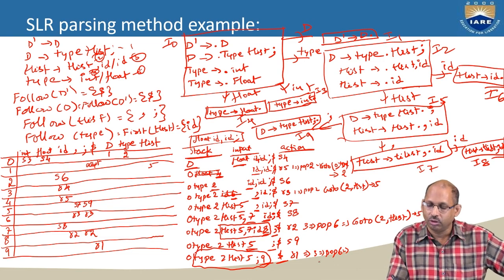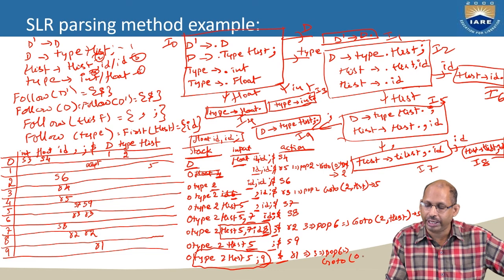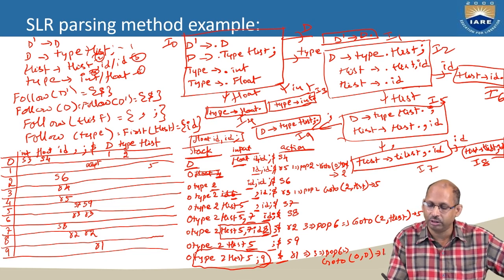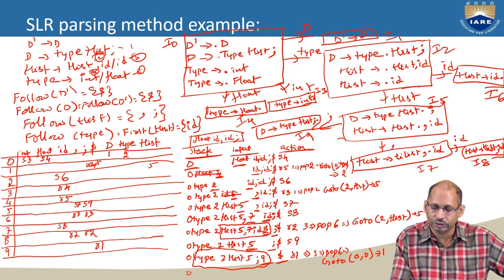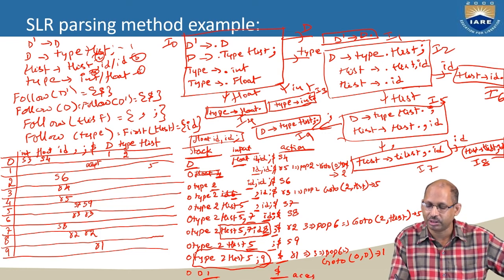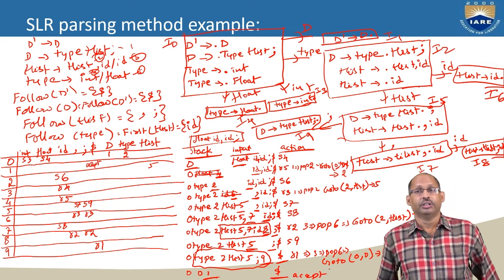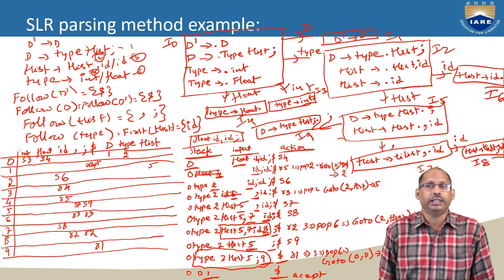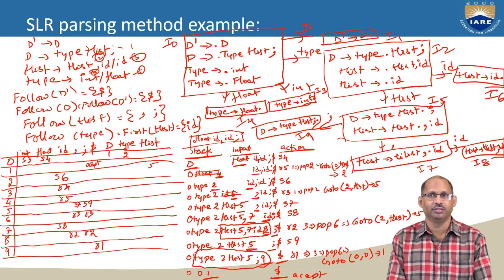Then go to 0 and D. What is 0 and D? It is 1. So 0, D, 1, dollar sign. What is 1 and dollar? Simply accept.